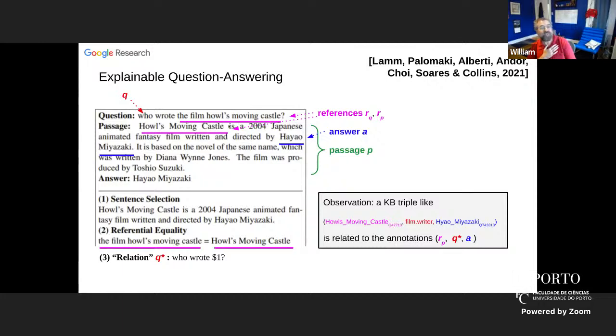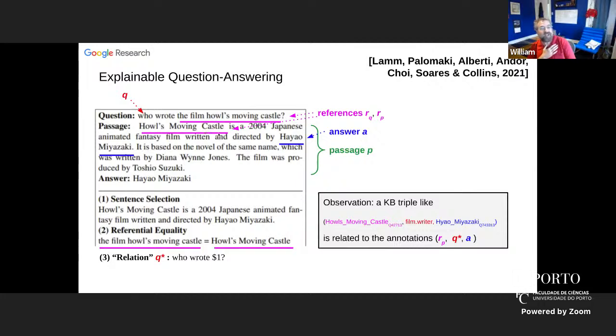These two pink things correspond, and there's also an answer. These are the things involved in the explanation: a passage, question references, passage references, and their answers.